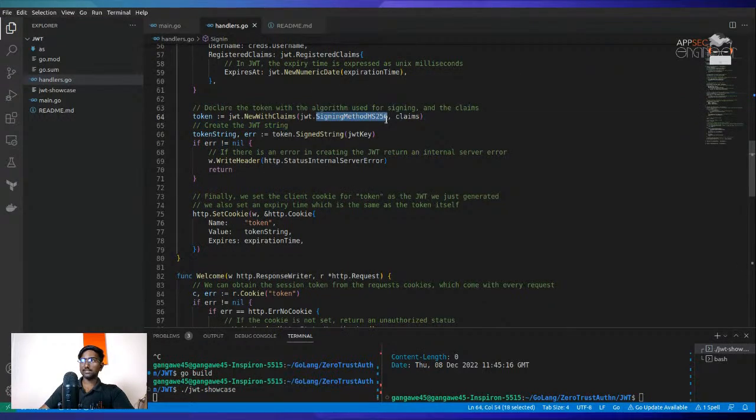This signing method that says HS256. So here, I think is a good time to talk about two different modes of PKI, public key infrastructure. One is called symmetric keys, and the other is called asymmetric keys. So in a symmetric key, both your client as well as your server will use the same secret.